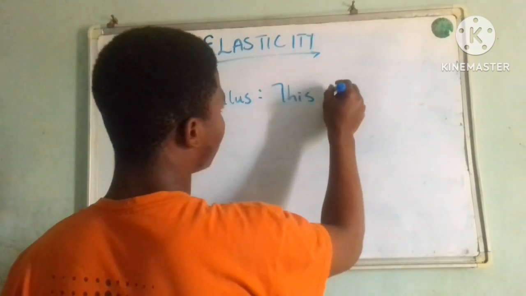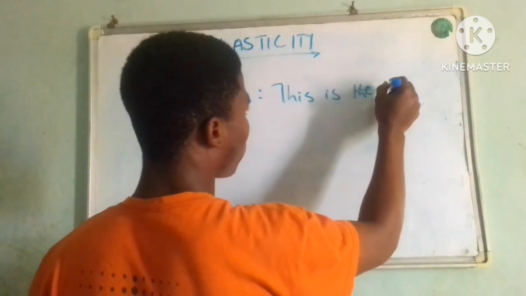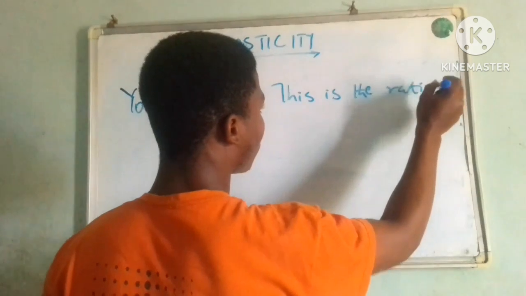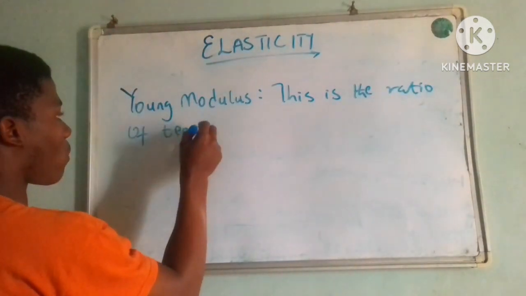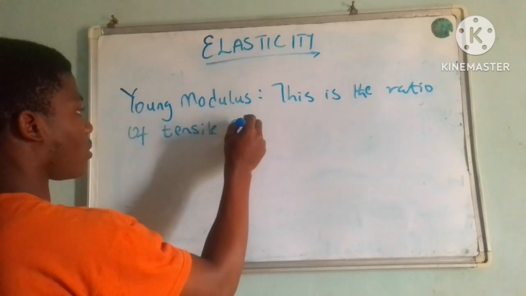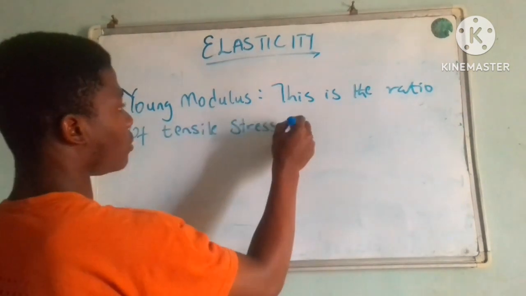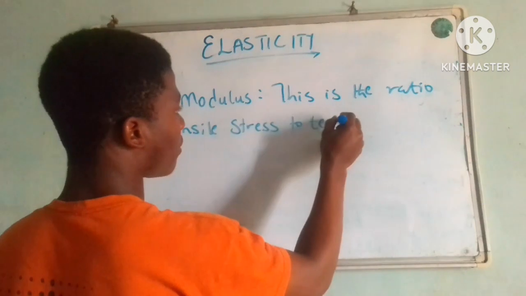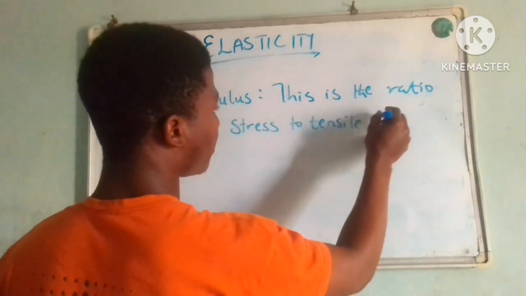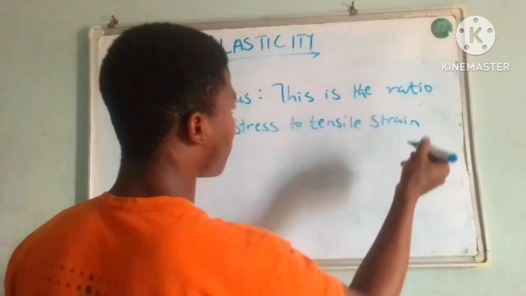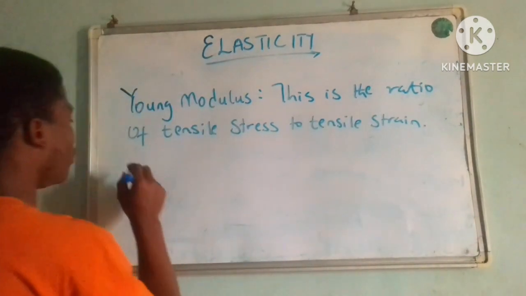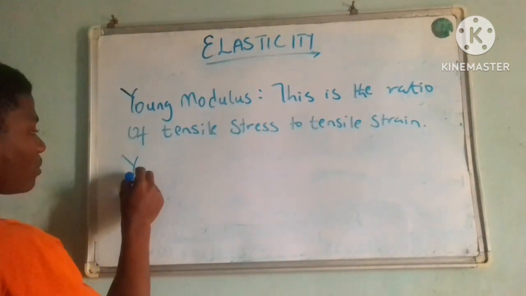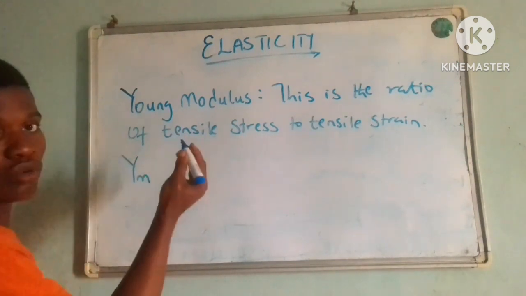This is the ratio of tensile stress to tensile strain. So in order to write the formula, we'll be using Ym to represent Young modulus.